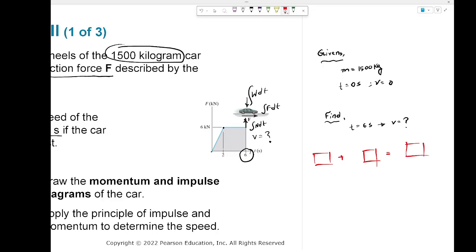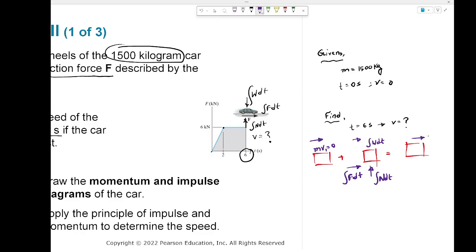Then you have mv1 equals 0, because the velocity is 0. It's moving in this direction, and the traction is in this direction. So you have the weight, what I just drew on the car, and I'm redoing the same thing here: the normal force impact and the traction force impact.